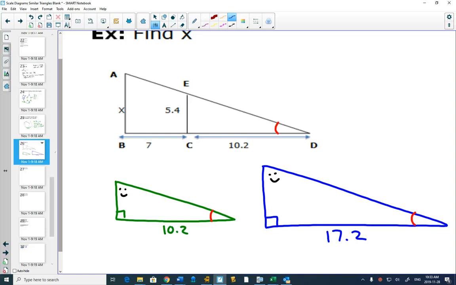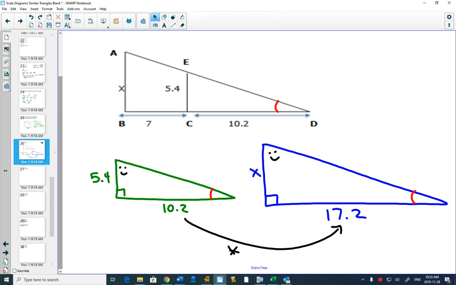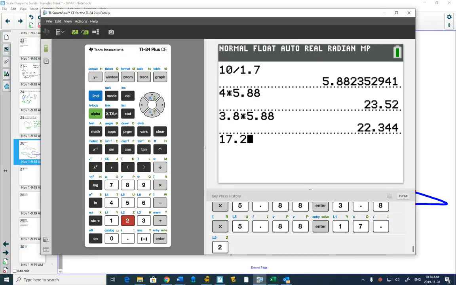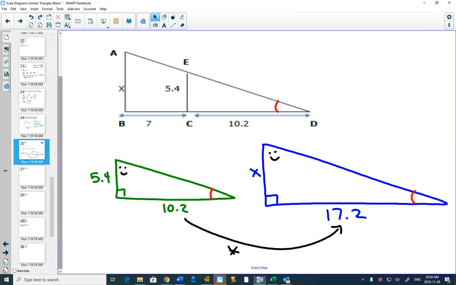Now, what do we know? We know that this side is 5.4, and we want to figure out what that side is. So what do we notice? If they're similar triangles, you're going to be multiplying by something to go from 10.2 to 17.2. You're going to need a calculator for this. To figure out what I need to multiply by, well, I could go 17.2 divided by 10.2, 1.686.